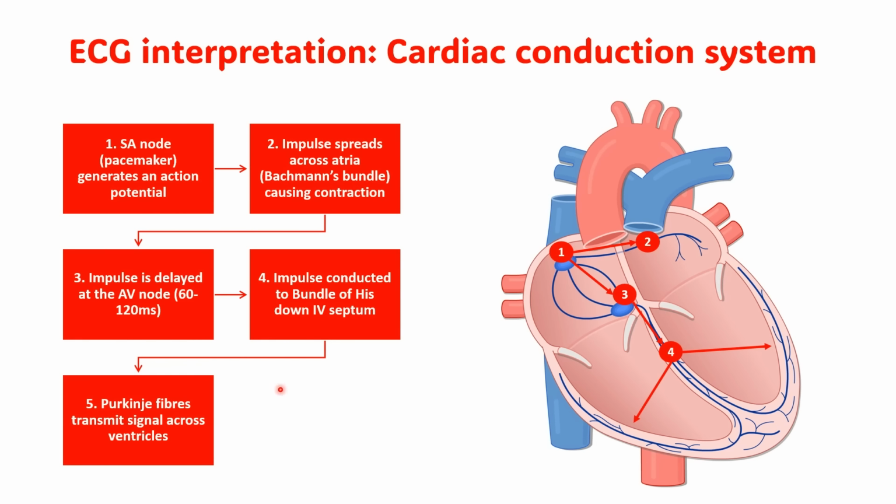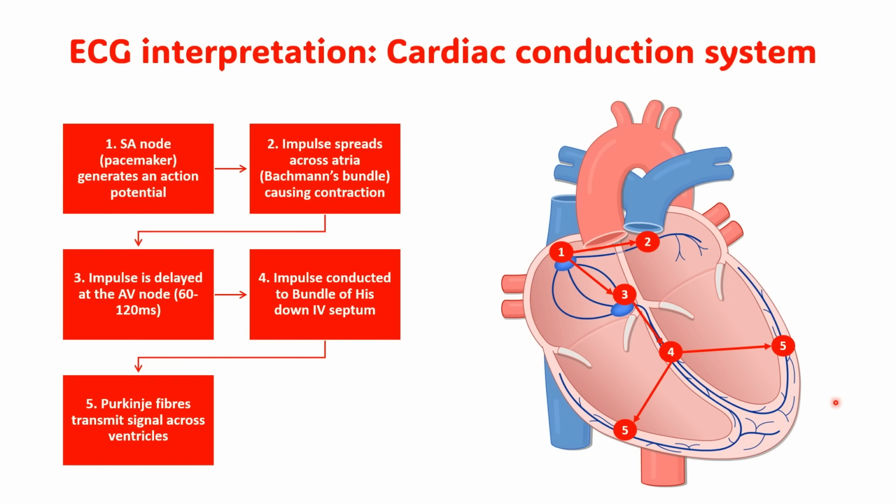The Purkinje fibers transmit signals across the ventricles, represented by the number 5. The Purkinje fibers also conduct the electrical impulse the fastest. They're located within the subendocardium, and they permit coordinated contraction via gap junctions.